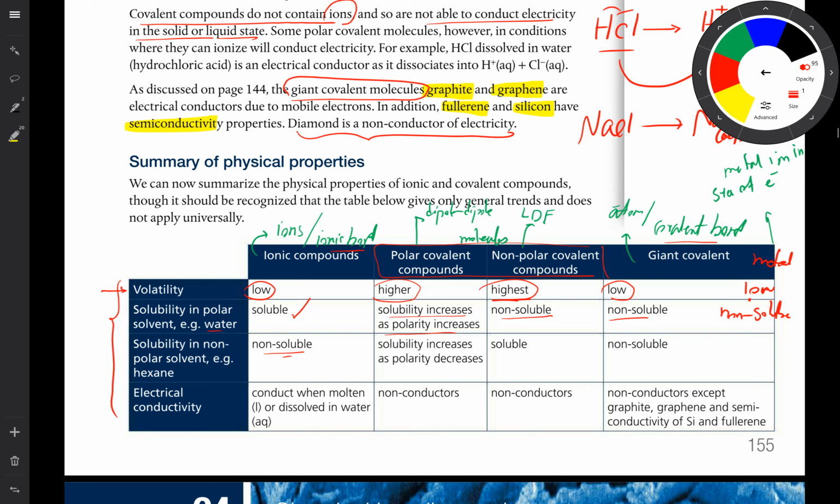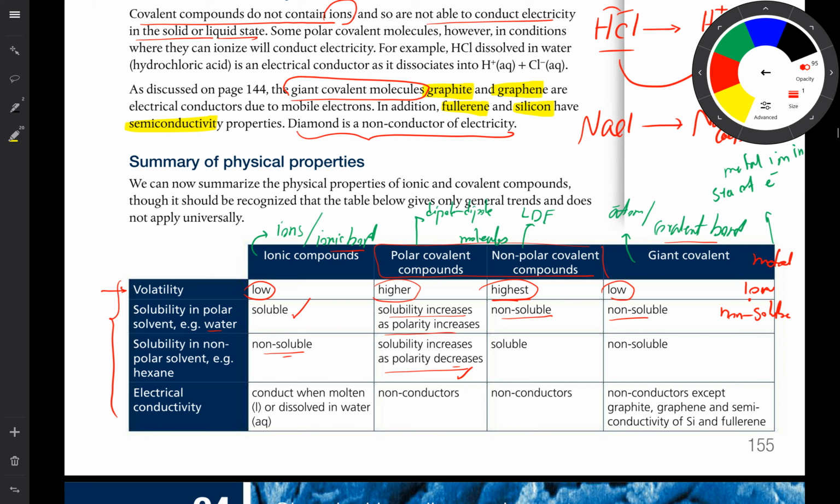Polar covalent compounds are not soluble in non-polar solvents, but when it says solubility increases as the polarity decreases, it means if the compound becomes less polar, it becomes more soluble. Here we are talking about the length of the hydrocarbon chain. So polar compounds are not soluble in a non-polar solvent like hexane.